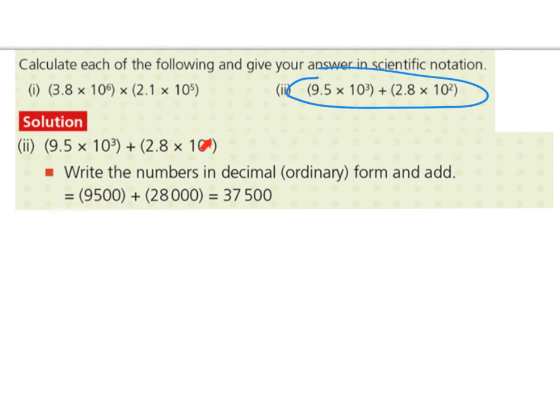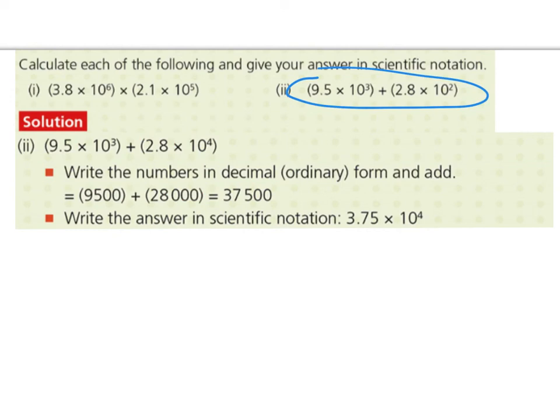And 2.8 times 10 to the power of 4 gives us 28,000. And adding these gives us 37,500. And then we just change 37,500 into scientific notation. So we get 3.75 times 10 to the power of 4.